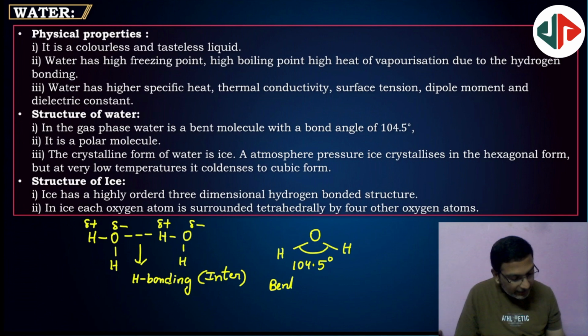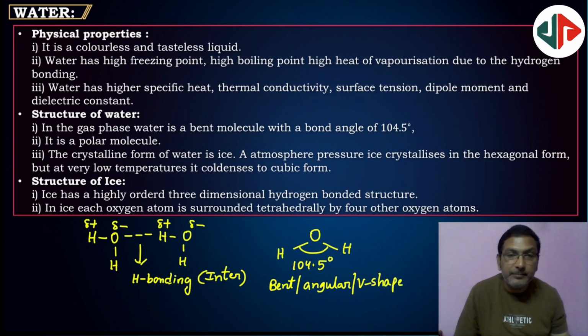The geometry is bent, or angular, or V shape in the gas phase. Very, very important. Remember the angle as 104.5 degrees. It is a polar molecule with a dipole moment: delta minus, delta plus and delta plus.